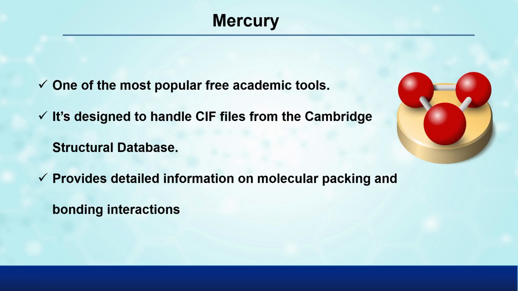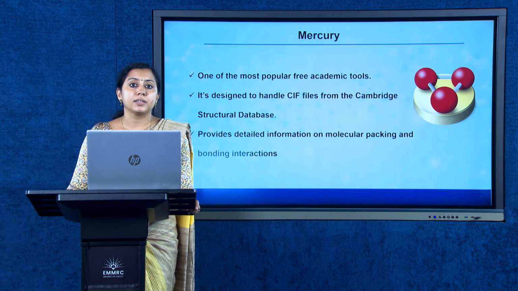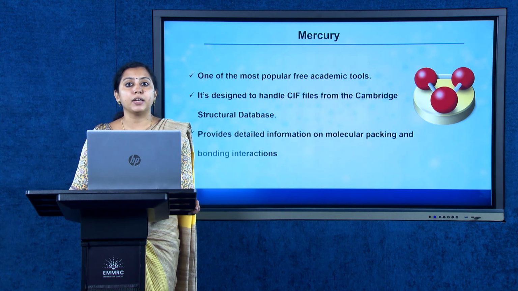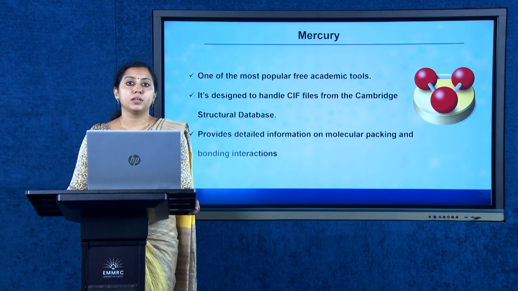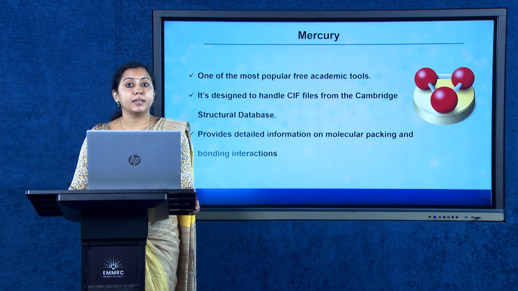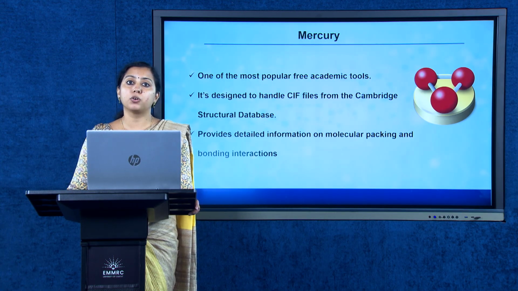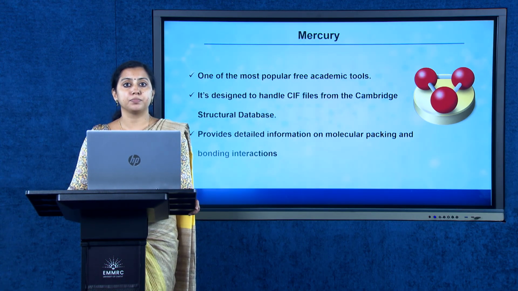CIF files can also be obtained from the Cambridge Structural Database. Mercury provides detailed information on different types of molecular packing and different types of interactions, particularly non-covalent interactions such as hydrogen bonding, van der Waals, etc.